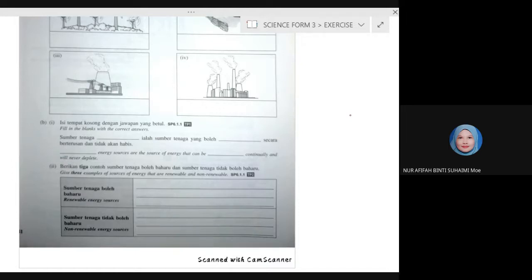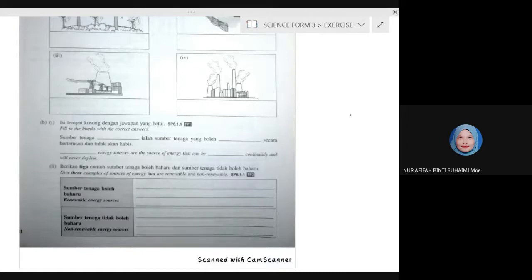Ada nuclear energy, and the other one is maybe thermal. Thermal uses fossil fuel. So the source is fossil fuel, and the other one is radioactive substance, nuclear.